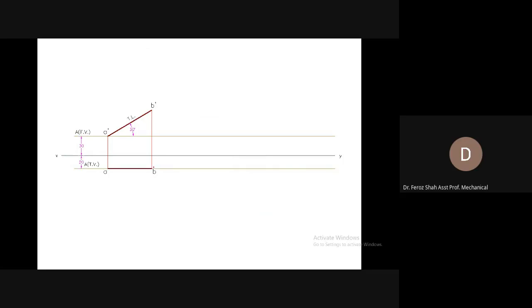So the other end B would come on the locus of A. Now you have drawn the first step. Also draw the locus for B.